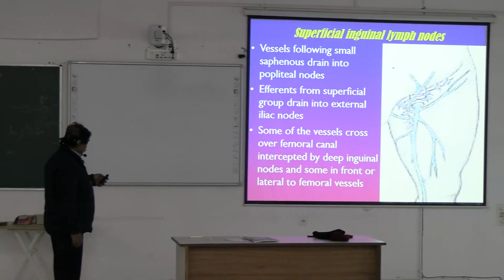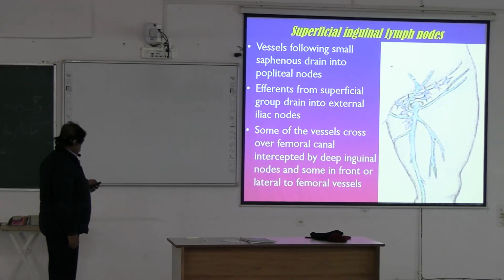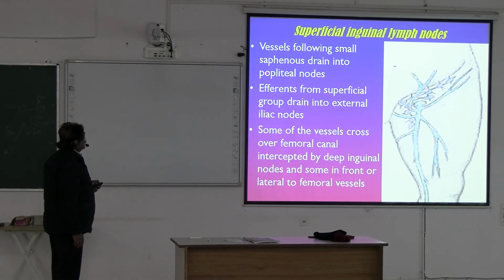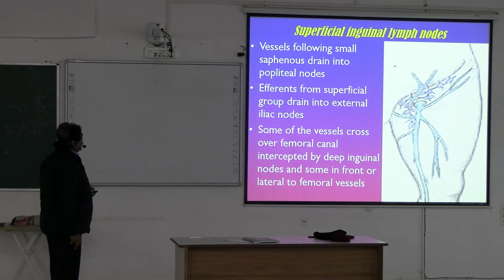Now superficial inguinal lymph nodes, vessels following the small saphenous drain into the popliteal nodes, afferents from the superficial group drain into external iliac nodes. Some of the vessels cross over the femoral canal intercepted by deep inguinal nodes, and some in front of and lateral to the femoral vessels.